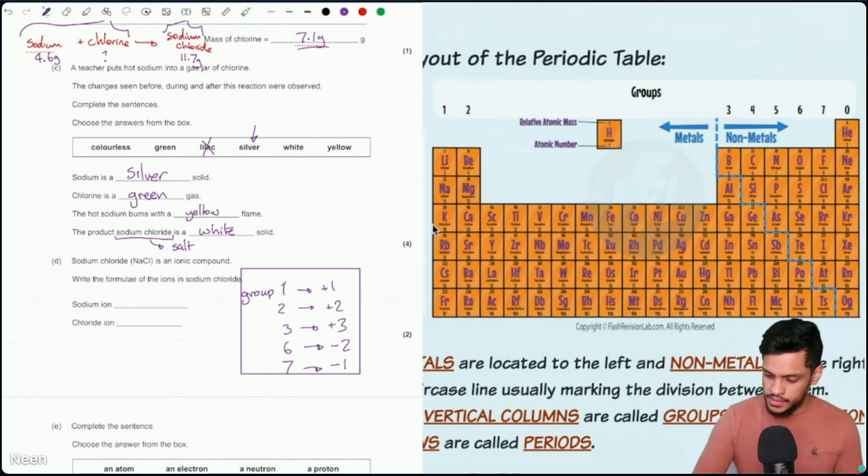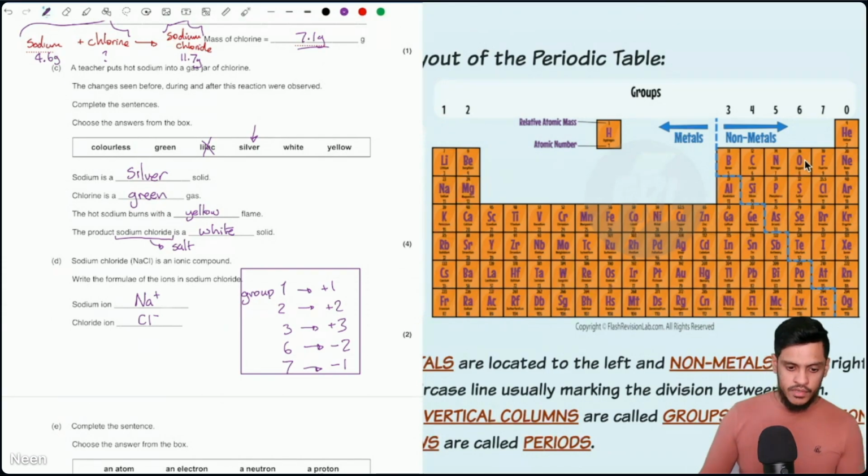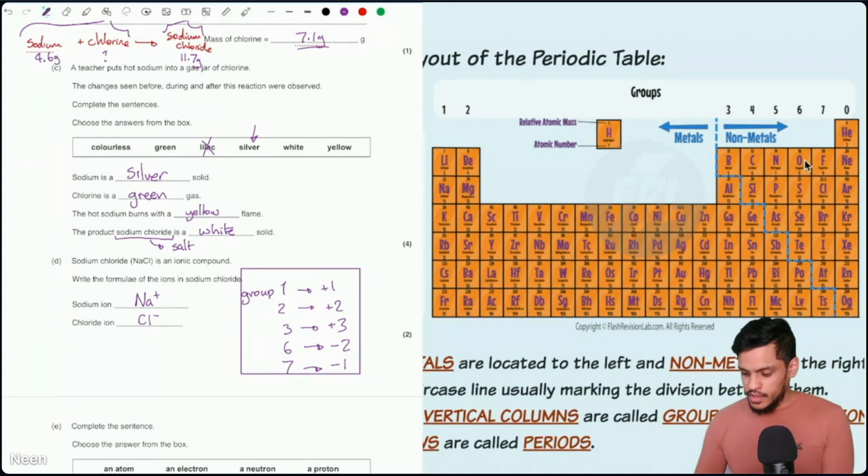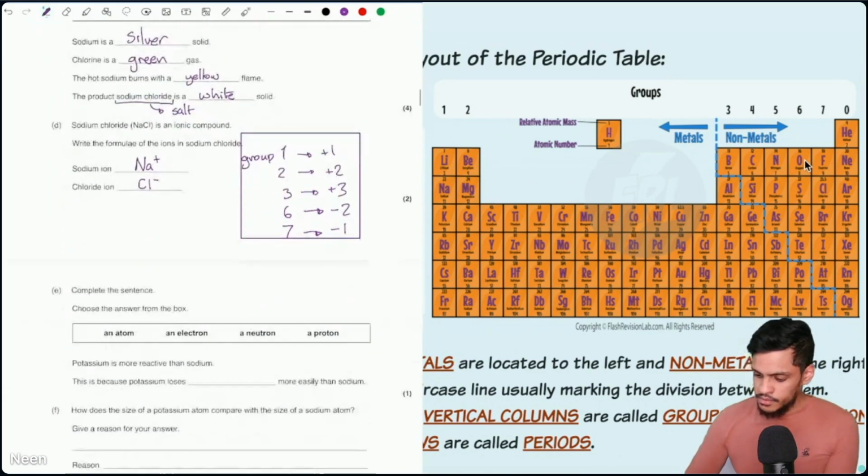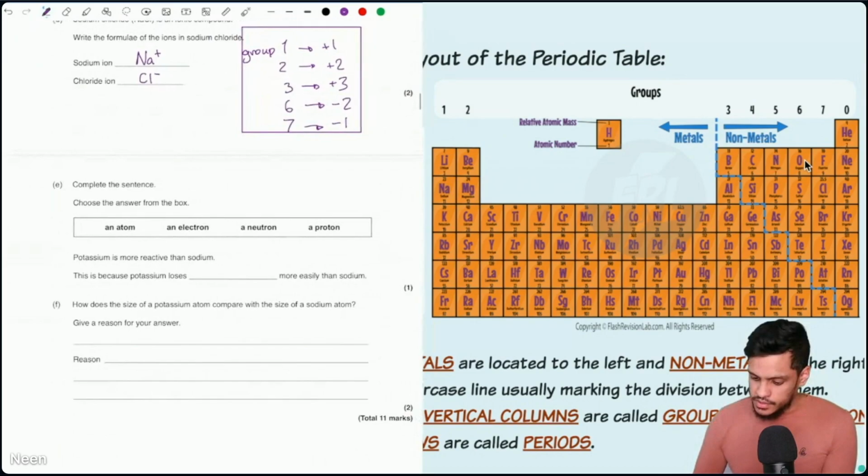So it's going to be plus. And then we've got chlorine here, which is in group 7. That's going to be -1, Cl minus. Yeah. If it's -1 or +1, you don't need to write the number 1. You can just leave it as it is. Next question.